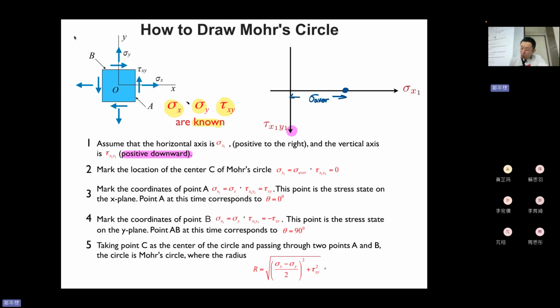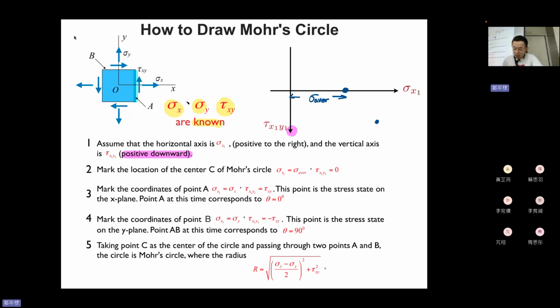Now you are going to locate the A surface. The A surface has tau xy and sigma x, and you know the values, right? You know the values of tau xy and sigma x, so you can get the point here.